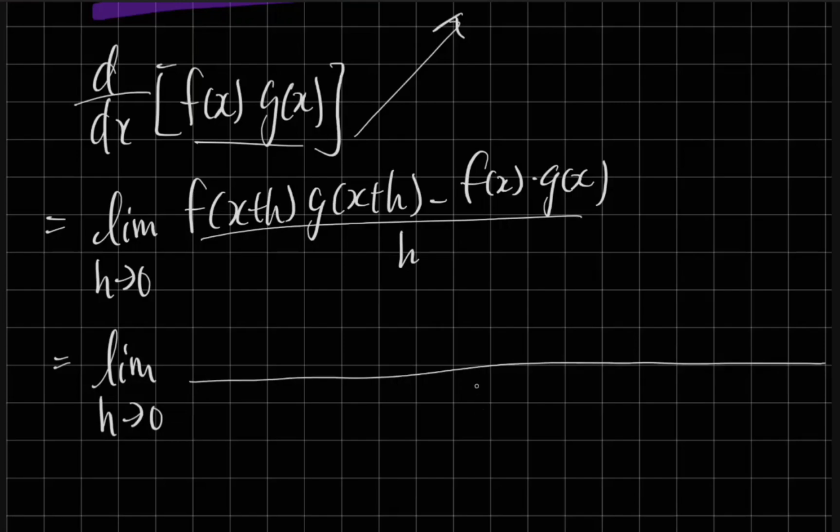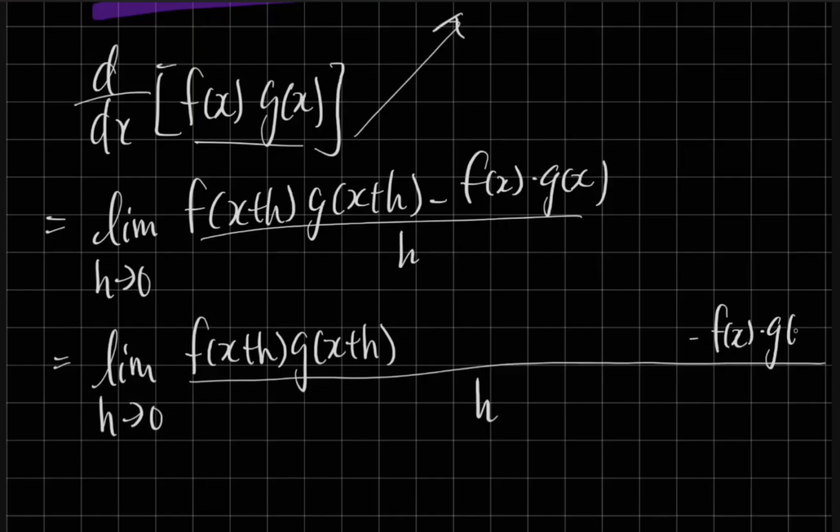Why? You'll find out. Divided by h as usual, and then the same thing remains. I'm going to write this back, f of x plus h times g of x plus h, and then I'm going to leave something blank here, and you'll see why later, minus f of x multiplied by g of x. I'm leaving this blank because I want to put something in so that I could factorize something out. That's exactly what I'm going to do. I'm just trying to make this thing more interesting.